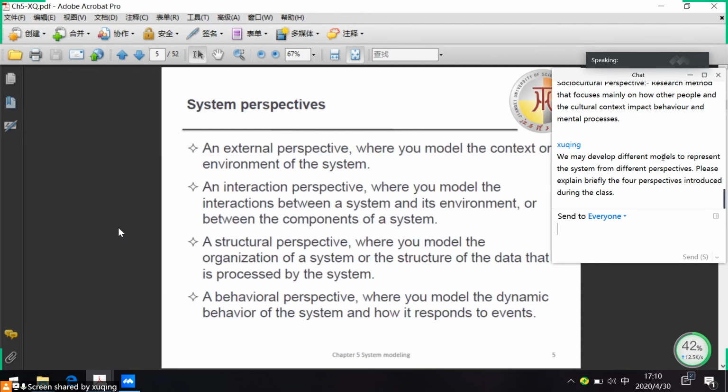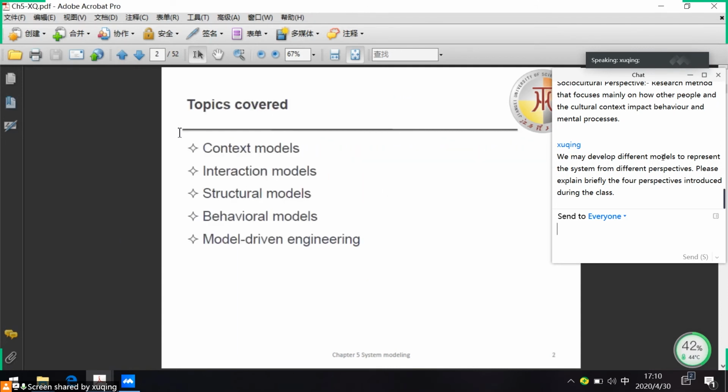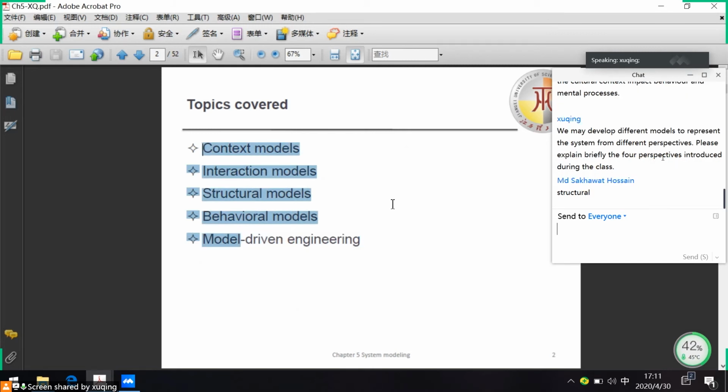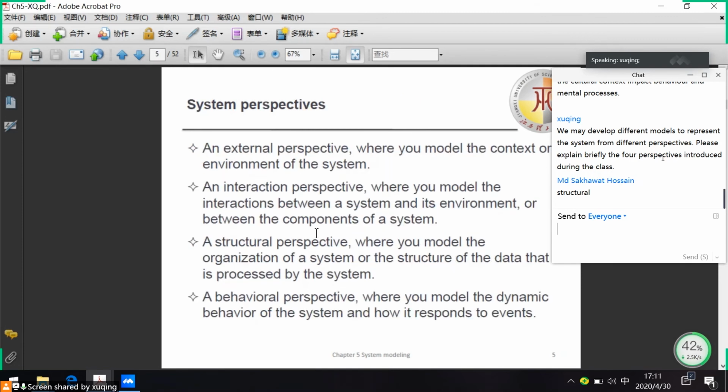In fact, it is the main topic in this chapter. And you have seen it's here. These four perspectives: an external perspective, an interaction perspective, a structural perspective, and a behavioral perspective.